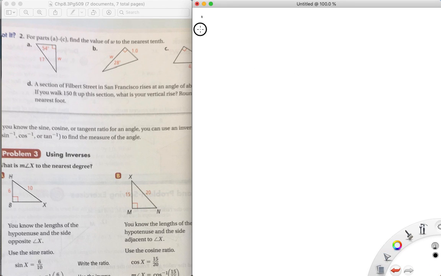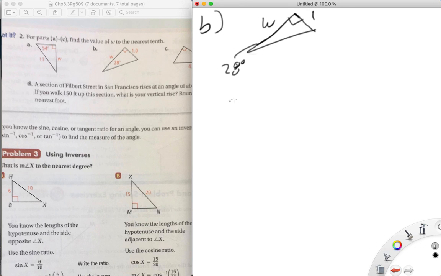For B, we have another right triangle. This guy is 1. This guy is 28 degrees. This guy is W. So I don't have the hypotenuse. I have this guy that's opposite. I have this guy that's adjacent to 28.